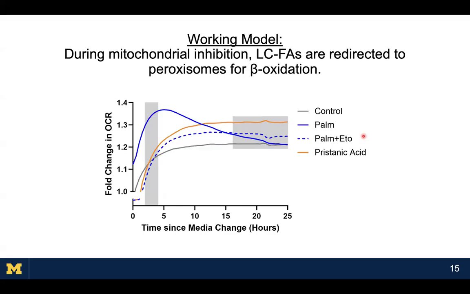So yeah, that's a really interesting point. I will say now that I'm thinking about it, we sometimes look at the area under these OCAR curves. For instance, the distance between this pristanic acid and inhibited palmitate could be chalked up to the idea that pristanic acid may only be 15 carbons in the chain, but it actually has 19 carbons because of those branches.